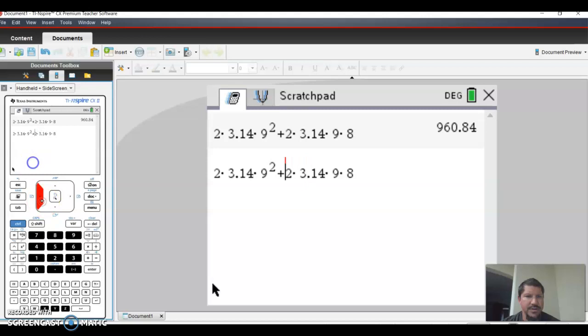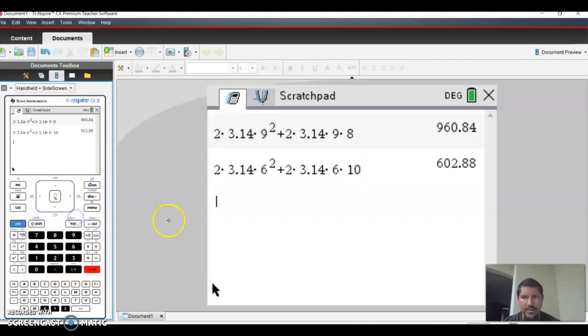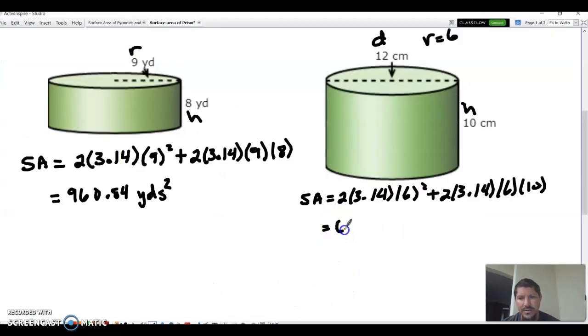I'm going to use the power of technology. You would probably have to write it down. So instead of 9, that's going to be 6. Over here again, 6. And that's going to be 10. Which gives me 602.88 centimeters squared.